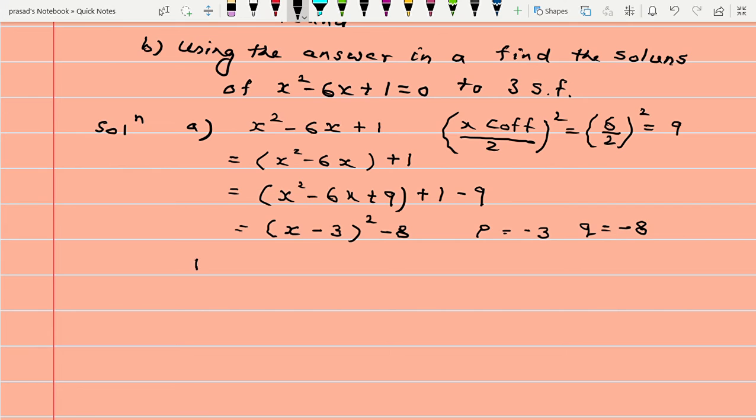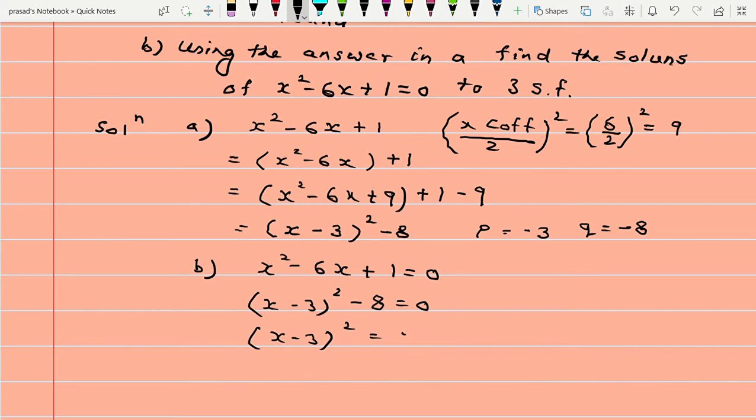So, now using this, you have to solve x square minus 6x plus 1 equal to 0, that is x minus 3 the whole square minus 8 equal to 0, that is x minus 3 the whole square, take minus 8 on the other side, that is 8.